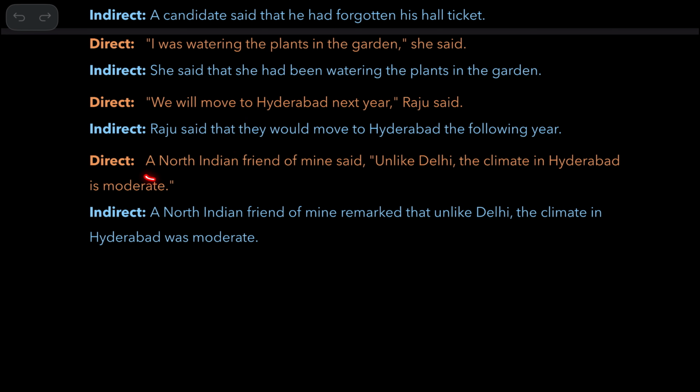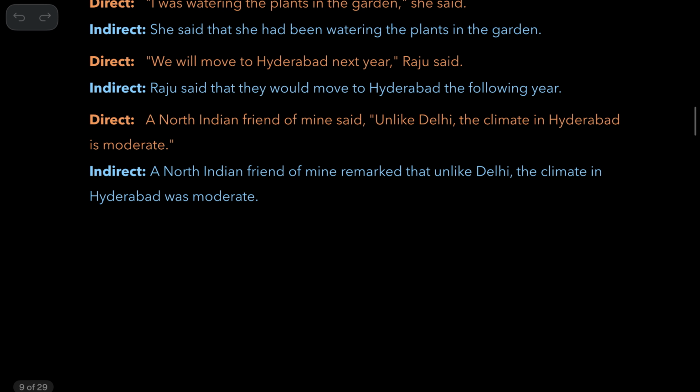A North Indian friend of mine said, unlike Delhi, the climate in Hyderabad is moderate. A North Indian friend of mine remarked, you can also use the same word as this, said, remarked that unlike Delhi, the climate in Hyderabad was moderate. So is moderate changes to was moderate here.